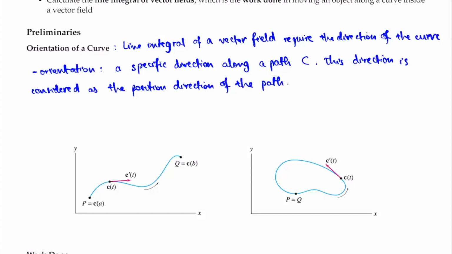And when you impose such a condition or such a direction onto the path or the curve, you have something called an oriented curve. So the curve C, or the path C, is an oriented curve.